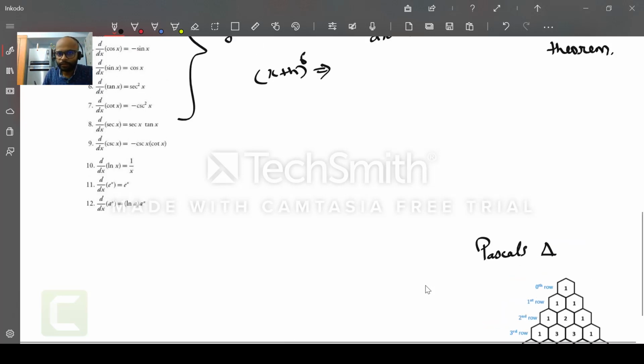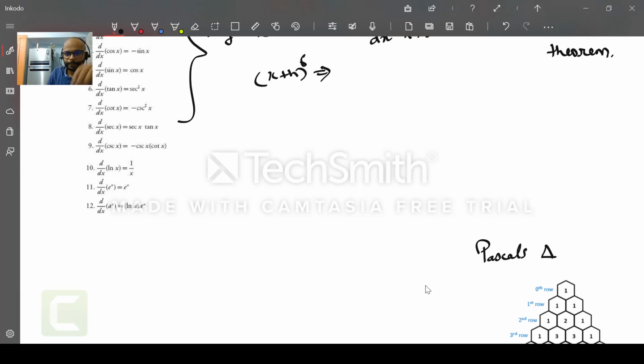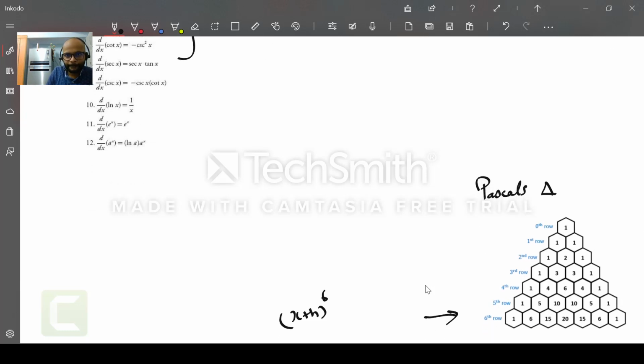So okay, let us try to expand this. x plus h to the power of 6. First term would be 1, which is this one. 1 into x to the power of 0, h to the power of 6, plus second term would be 6. 6 into x to the power of 1 into h to the power of 5, plus third term is 15.